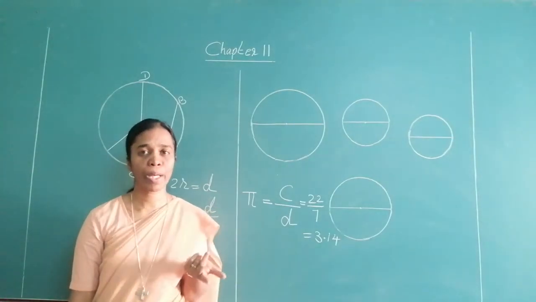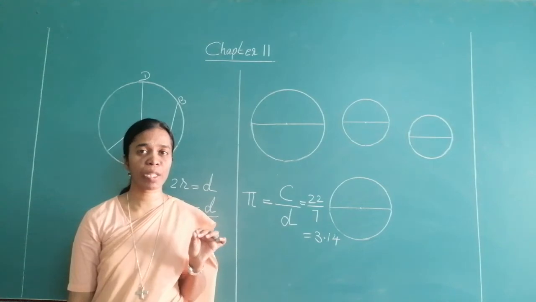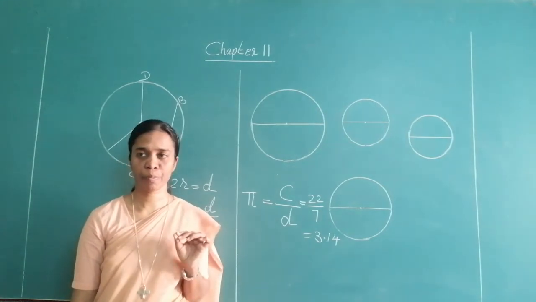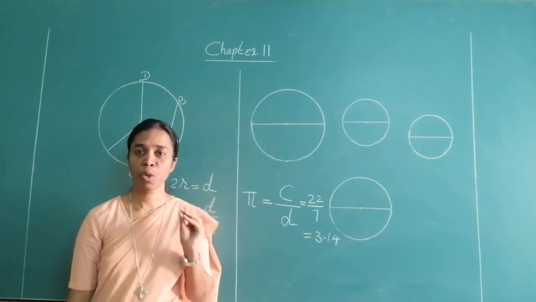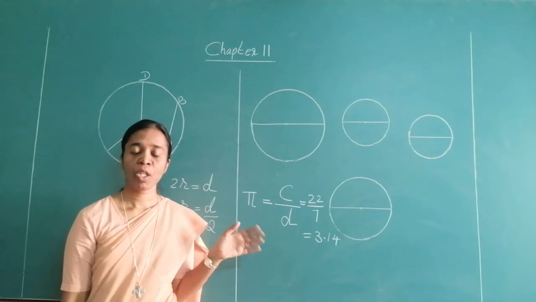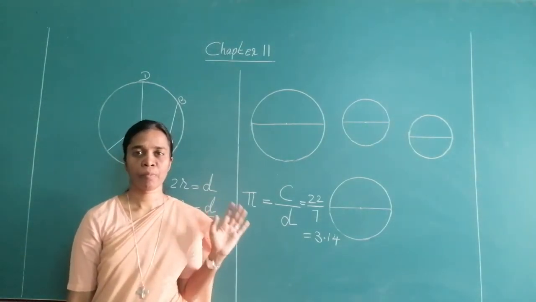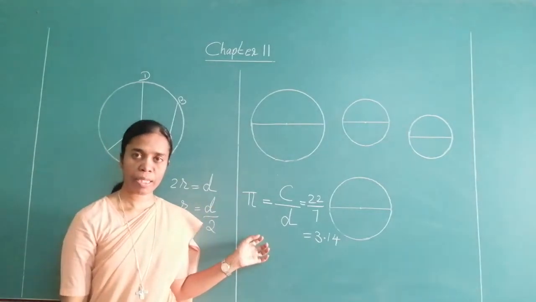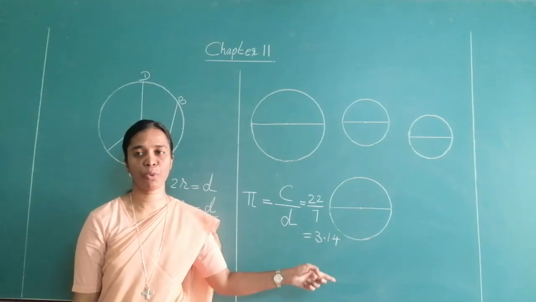So, what is pi? Pi is the ratio of circumference to the diameter. I repeat, pi is the ratio of circumference to the diameter, which is constant for every circle, and the value of pi is 22 upon 7 or 3.14.